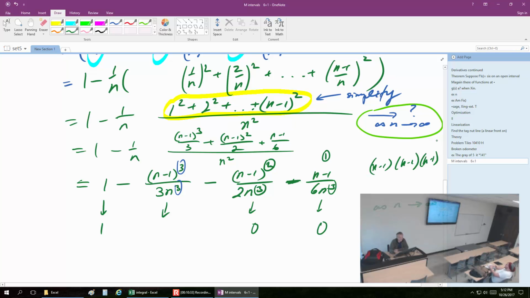If you start multiplying, you will end up with 8 terms, but only one of them produces n cubed as the highest power. So the limit is 1/3. So the whole thing is 2/3.